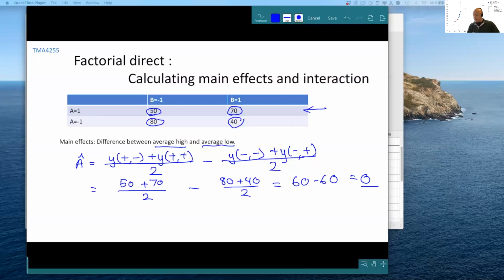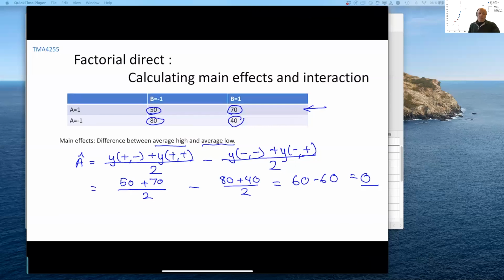The main effect is 0. If A should have an effect, we should notice substantially higher values when A is 1 compared with minus 1, at least when we average over all these different levels of B or C or D for that matter, if we have more factors. But this is how we calculate this.